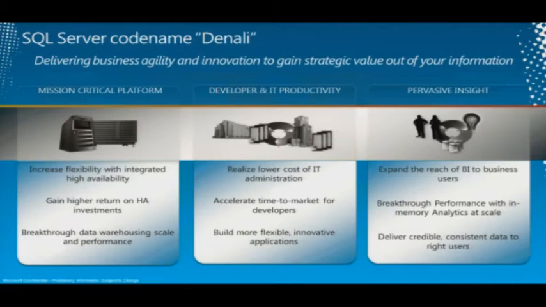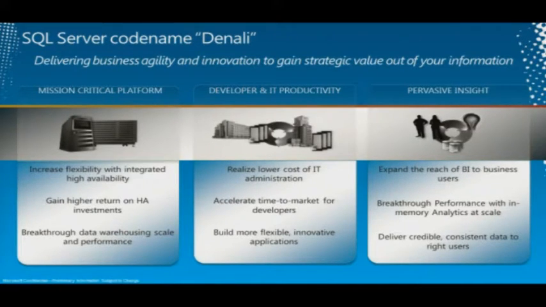Okay. All right, so a little bit of overview, 2 slides just to give you some context for Denali overall from a SQL Server point of view and also from a reporting services point of view. There are 3 pillars to Microsoft SQL Server Denali, which is the next version of SQL Server. CTP3 is now available, so if you want to go ahead and give that a try, that's out there. But the first one is Mission Critical Platform.